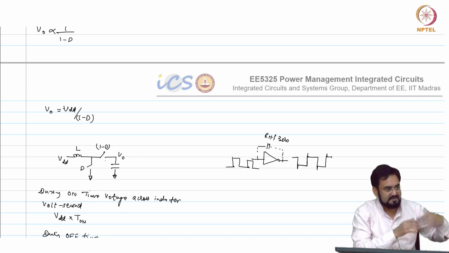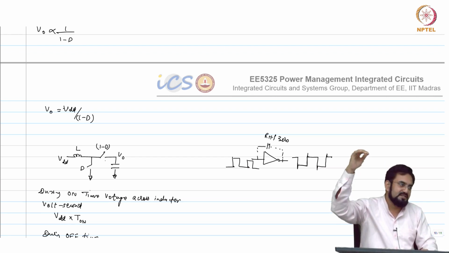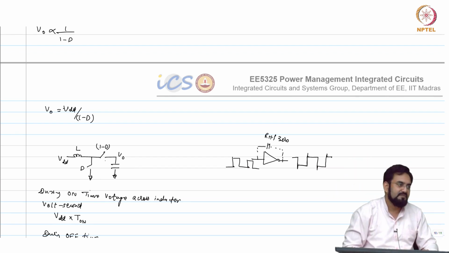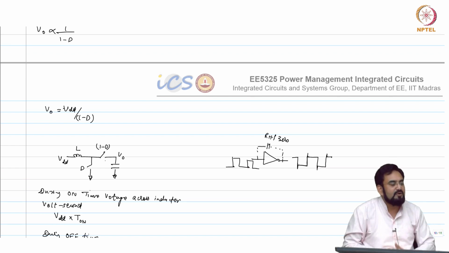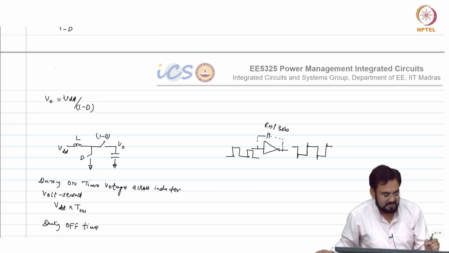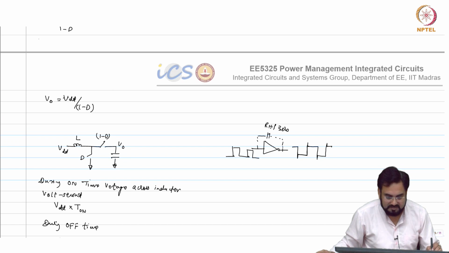So your inductor is basically keep on charging during on time, but at the same time your output is getting discharged through the load. So if I want to improve this, how can I do it? So this has a right half plane 0.